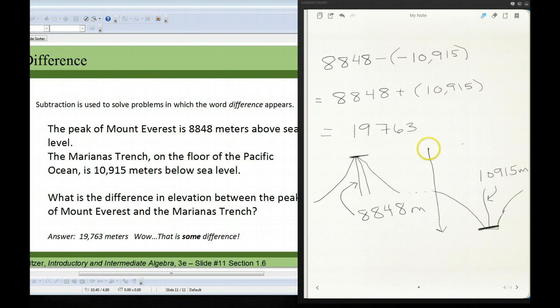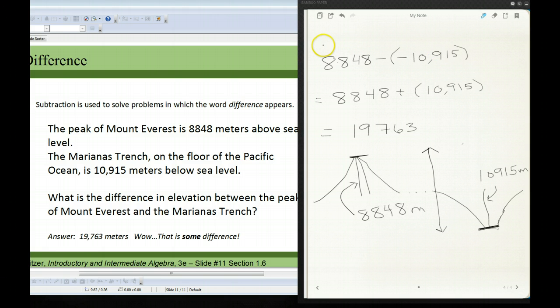We're really wanting to know what that distance is. So how we can do that is to rewrite this as a difference problem, right? We want to say, what is the difference between the height of Mount Everest and the Marianas Trench?